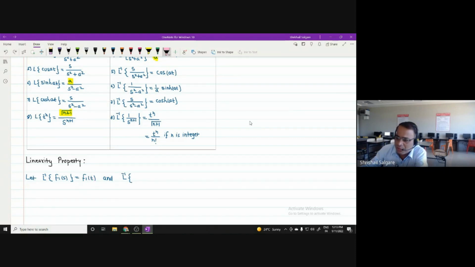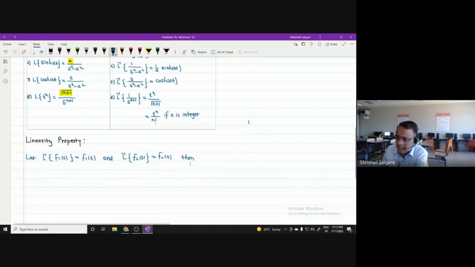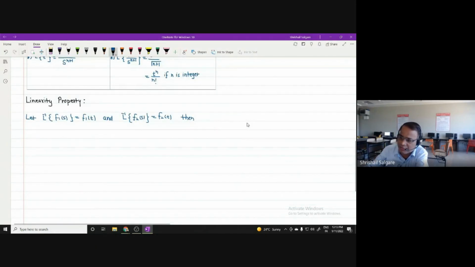And suppose L inverse of the second one, F2 of S, is f2 of t. Then the linearity property tells us that if you take the combination for L inverse of C1, an arbitrary constant, multiplied by F1 of S plus C2 multiplied by F2 of S, you have used the same result for the Laplace transform also.